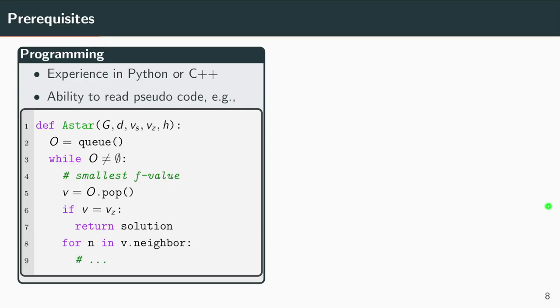And then one of the libraries is internally written in C++, like OMPL, but it has Python bindings. So it can sometimes be helpful to at least be able to read C++ to understand how it works internally, but you wouldn't need to write it.